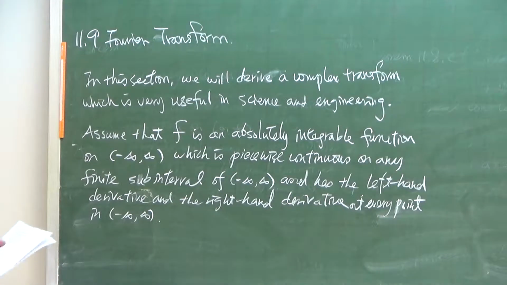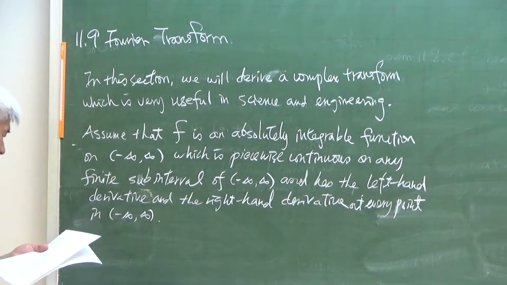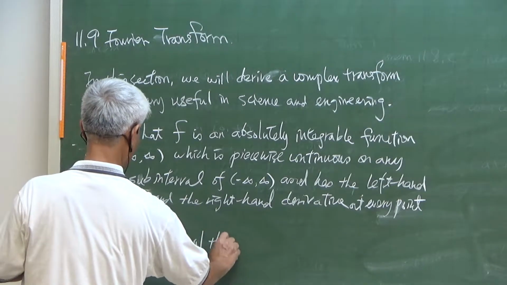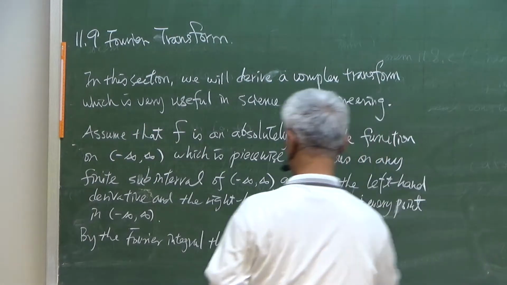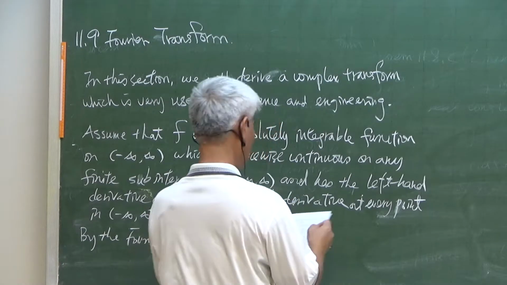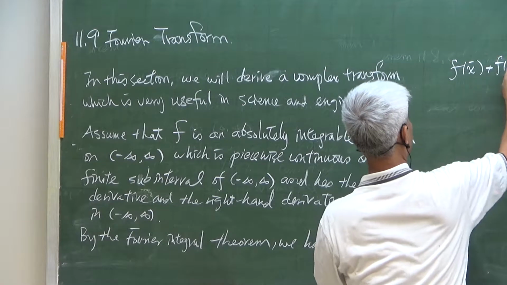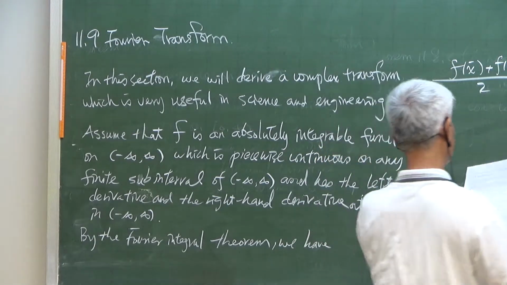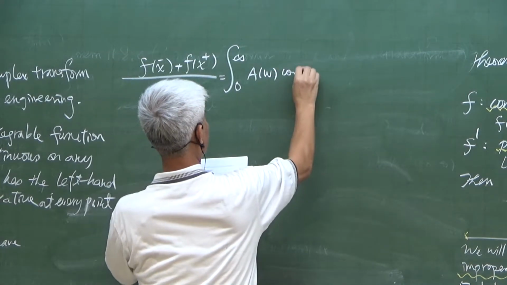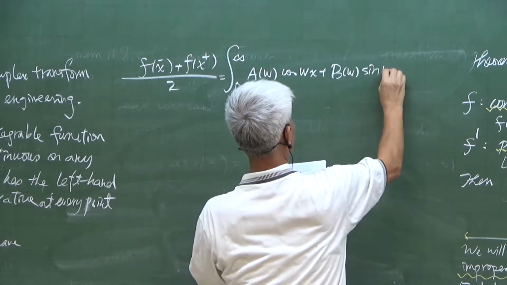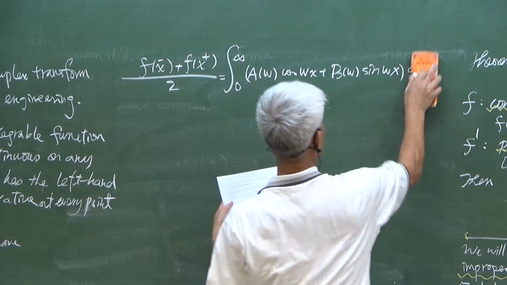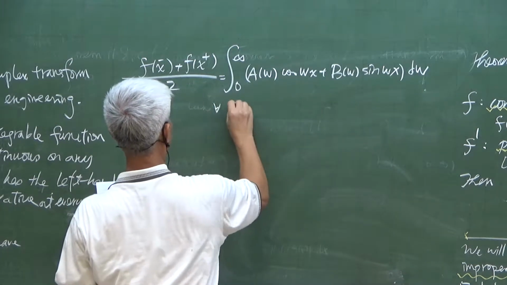Just like we studied in the section on the Fourier integral theorem, by the theorem we have that the average of the left-hand and right-hand limits of the function f can be expressed by an integral of A(w) cosine of wx plus B(w) sine of wx, dw, from 0 to infinity.